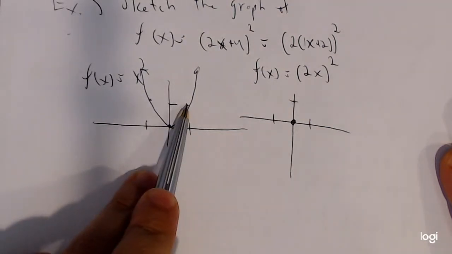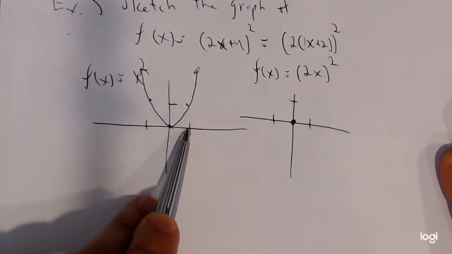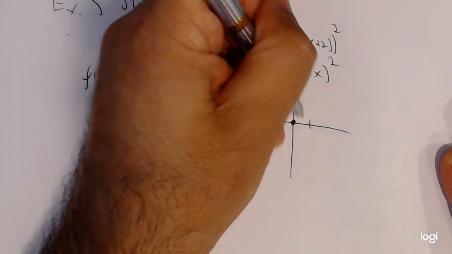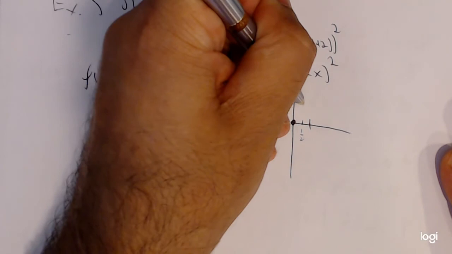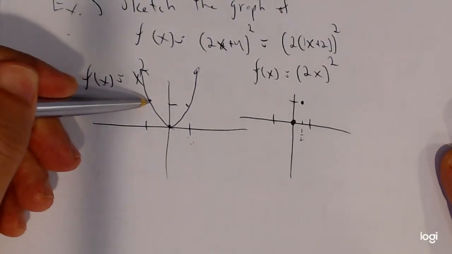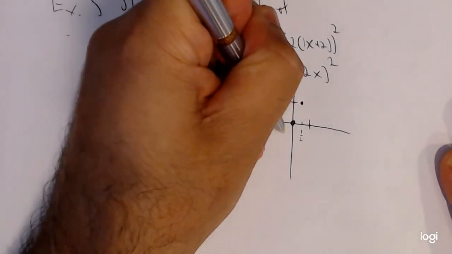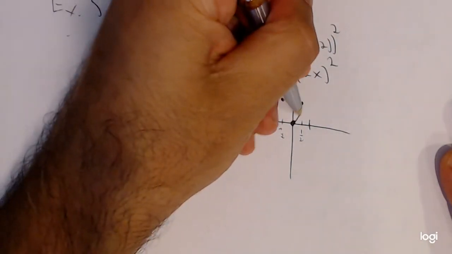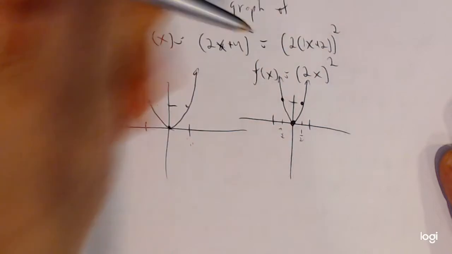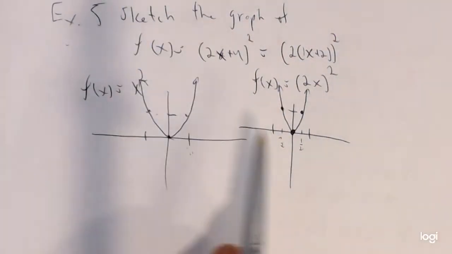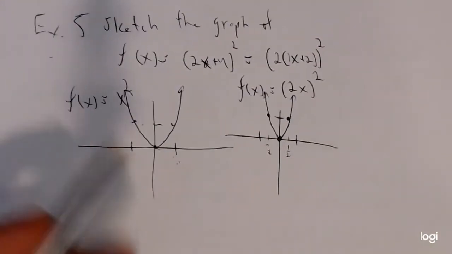For this point, the y value is going to stay 1, but the x value is 1, and when I multiply the x value by 1/2, I get 1/2. So it'll be (1/2, 1). And then this one has an x value of negative 1, so if I multiply it by 1/2, it'll give me (-1/2, 1). And when I graph this, notice how when I compare this to that, it looks like I compressed it horizontally, and that's where it gets the name horizontal compression.